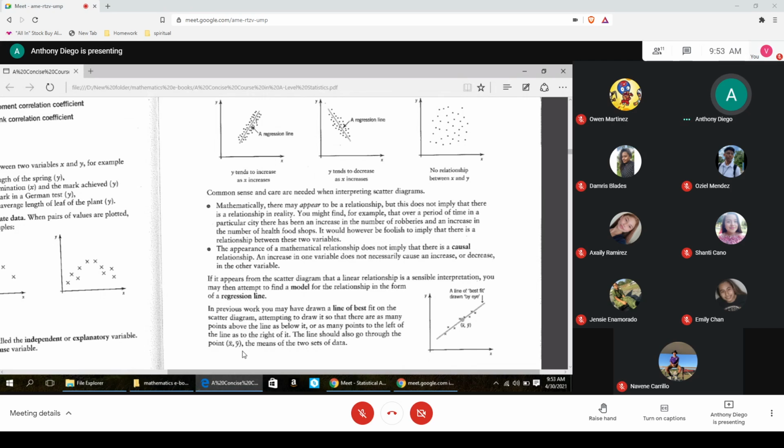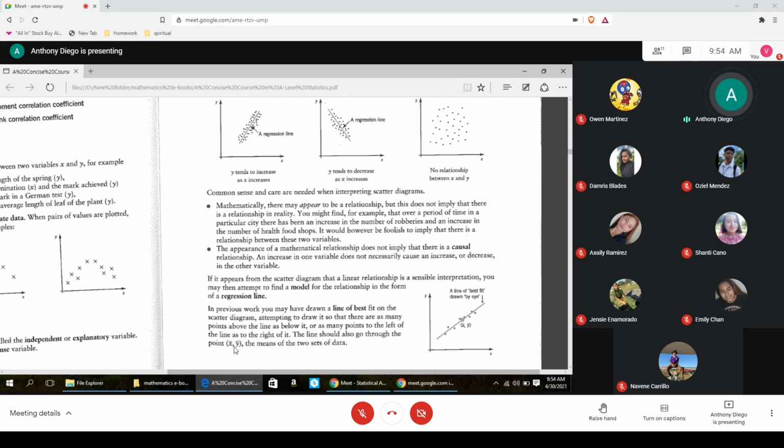Usually when you are doing a scatter plot, you're going to have your bivariate data, whereby you have the x and the y values in a table. What you will be doing is summing all the x values and dividing by the total number of x values to find the mean.